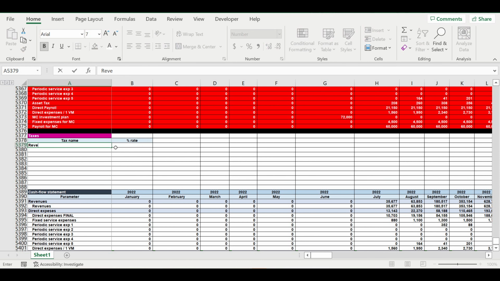So for example we have revenue tax, then profit tax, payroll tax, asset tax we already calculated. So revenue tax, here will be the rates, they are input, so we mark them with blue color. So revenue tax will be, for example, 3%, profit tax will be 5%, payroll will be 7%, for example.